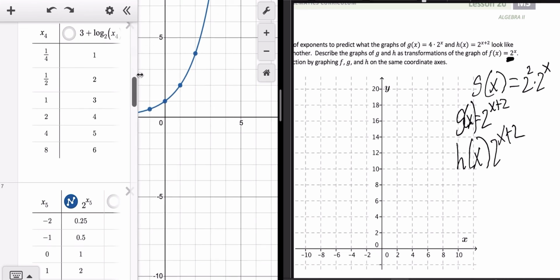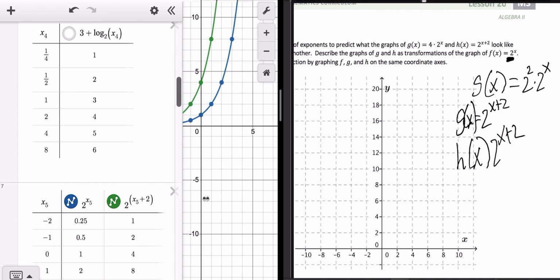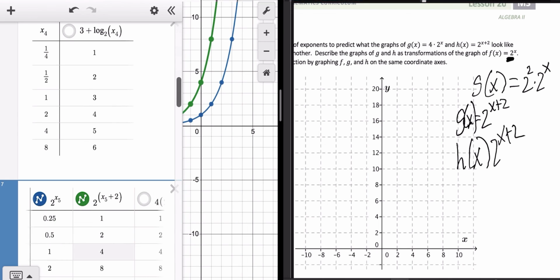Well, can't quite make that big enough. There we go. There's 2 to the x plus 2. And then, oh, there's the 4. But it's not going to do anything because it's the exact same points. See there? I just got that one as dots instead of a line. Yeah, that's the reason why they're the exact same.